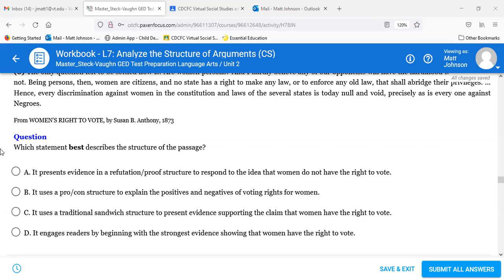C. It uses a traditional sandwich structure to present evidence supporting the claim that women have the right to vote. D. It engages the readers by beginning with the strongest evidence showing that women have the right to vote.